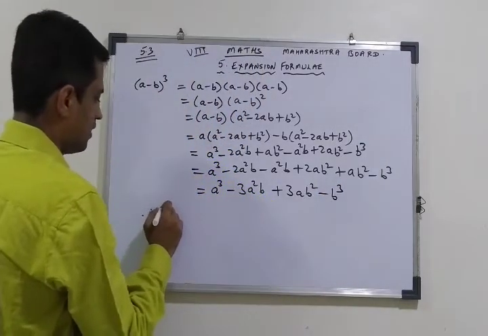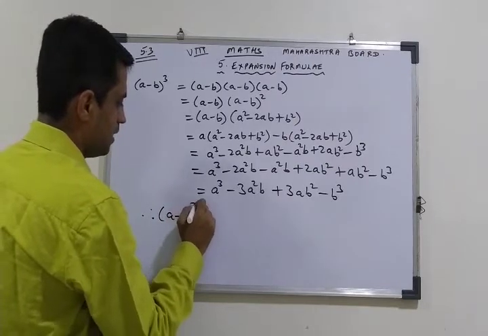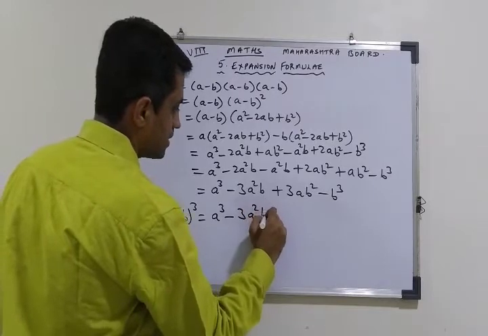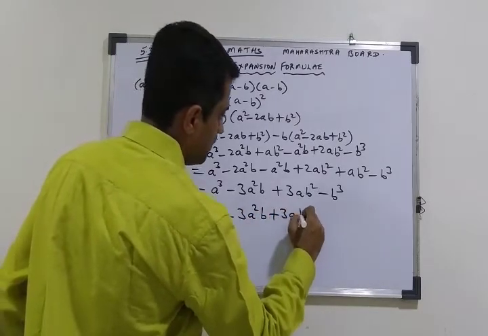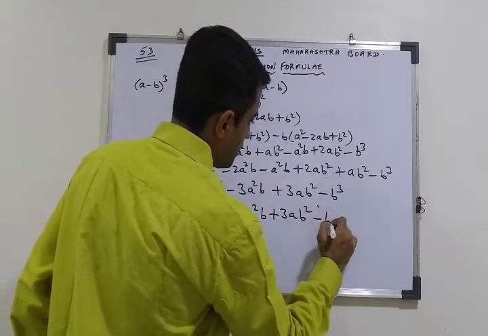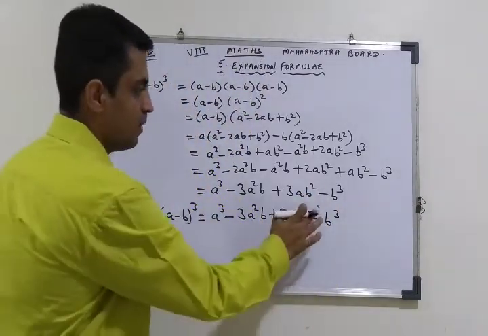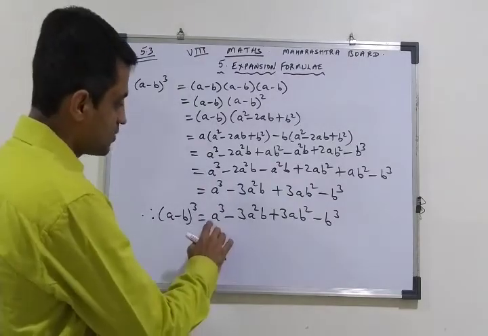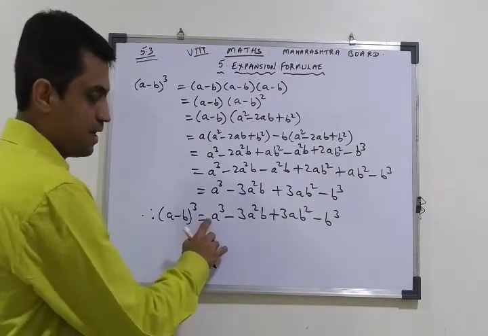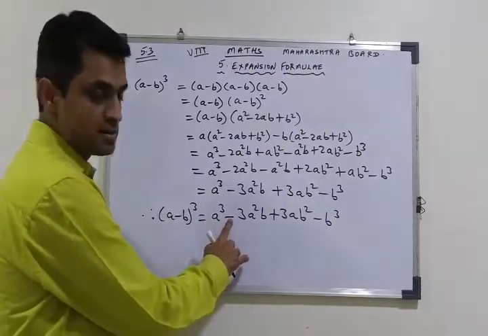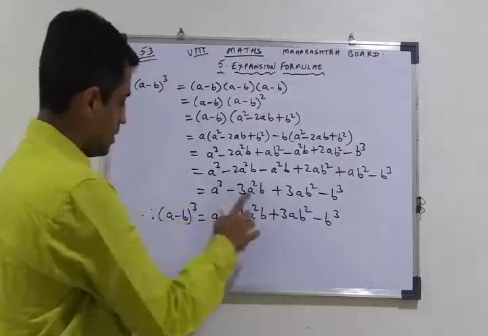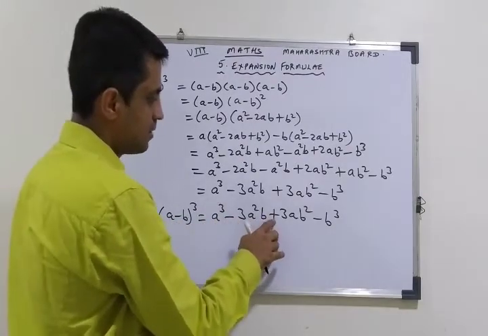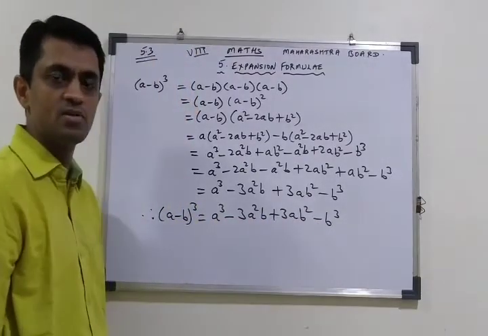So therefore we got a minus b the whole cube is equal to a cube minus 3a square b plus 3ab square minus b cube. So this formula we are going to use in our exercise 5.3. Now to remember this formula, it is plus, minus, plus, minus. When you start with plus a cube, it will come minus, plus, minus. This way you have to remember this formula.